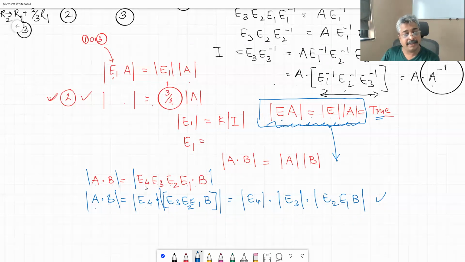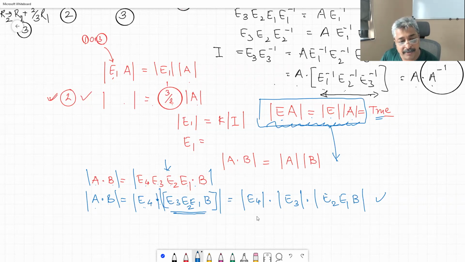Okay. Now I can take determinants of both sides. Yes. And therefore, we will consider this E4 only as an elementary transformation. Then it is E4 times whatever this matrix is going to be this RHS, true because of this statement, which is true.